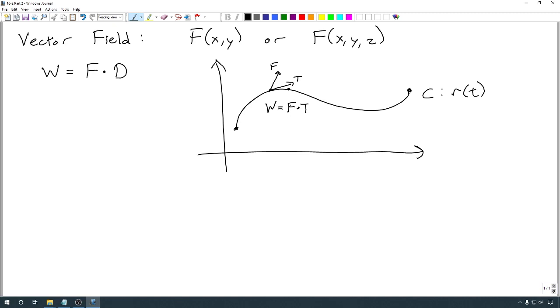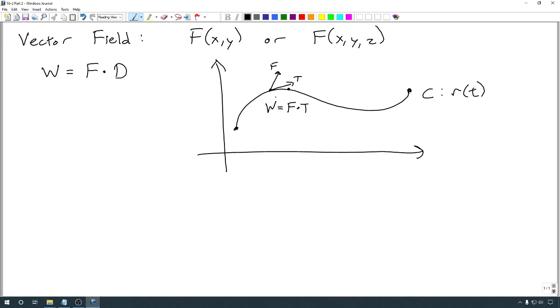We essentially have this function, which is now a scalar function depending on these two vector functions, and it is going to be changing over the course of this curve. We want to add up the values of that scalar function.